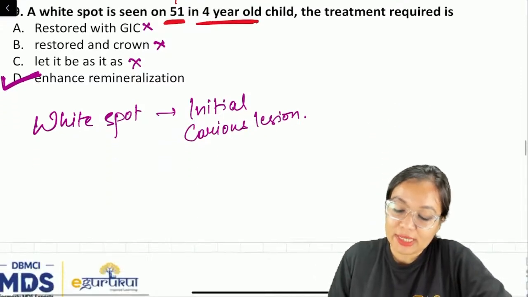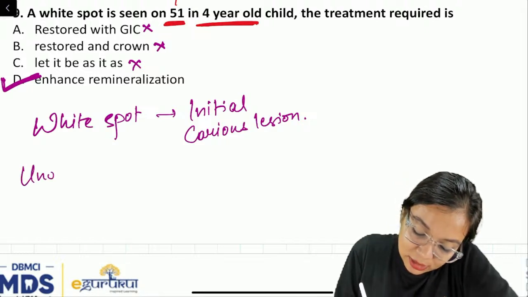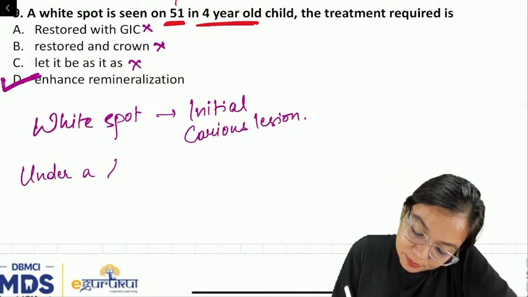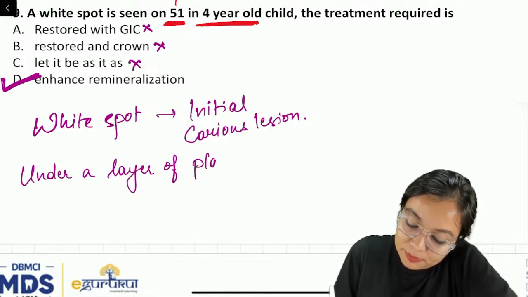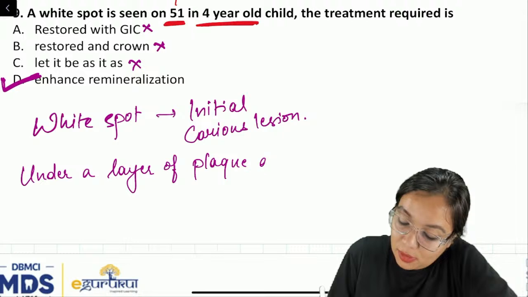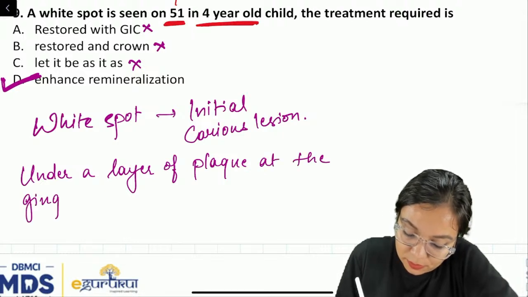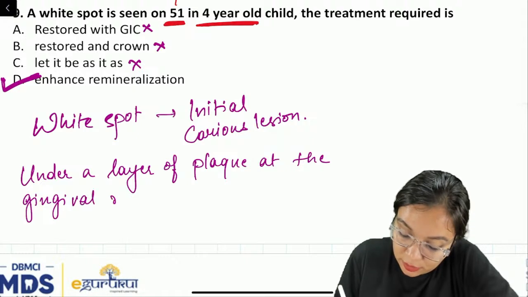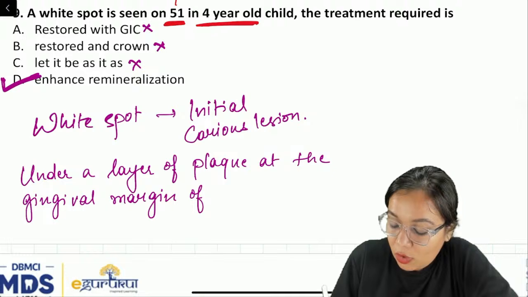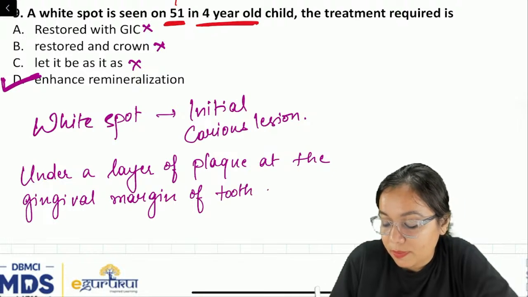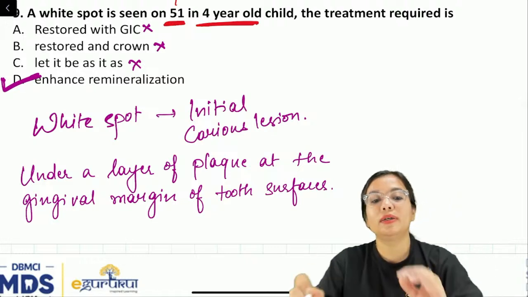Okay, so where is it usually seen? It is seen under a layer of plaque at the gingival margin of tooth surfaces.